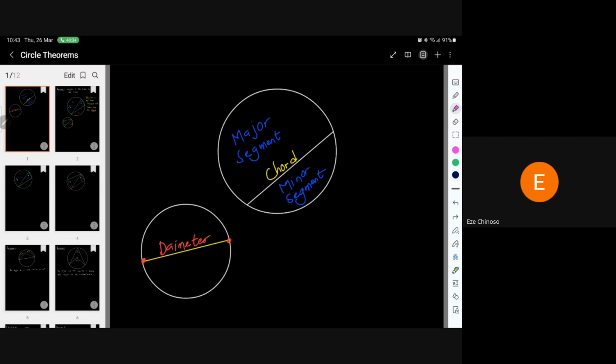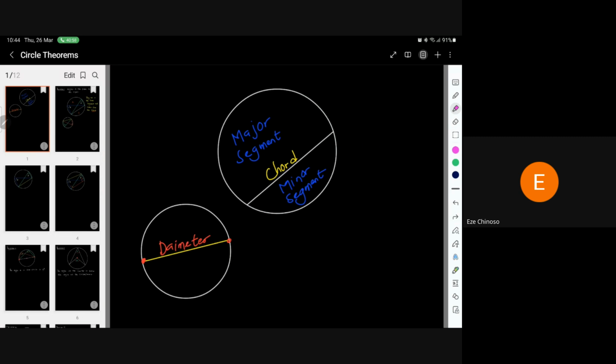However, some chords can divide the circle into two equal parts. That chord is now called a diameter, which entails that all diameters are chords, but not all chords are diameters. I hope you get that term, right? So the chord does divide the circle into major and minor segments, but the one that divides the circle into two equal parts is your diameter.